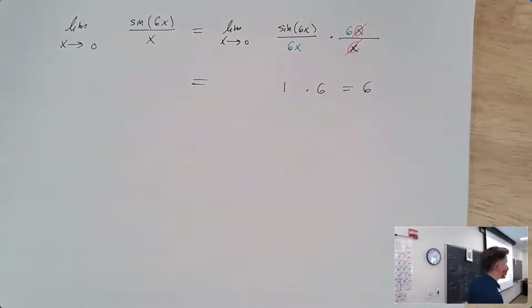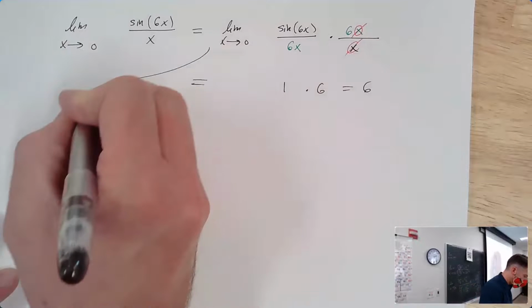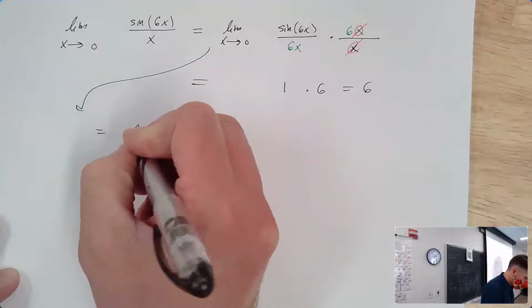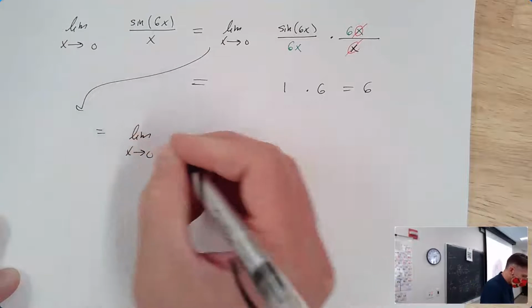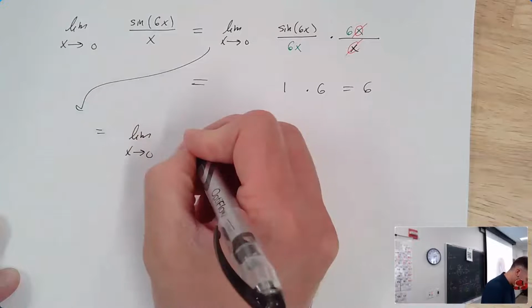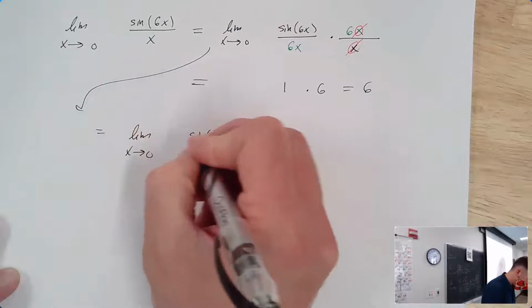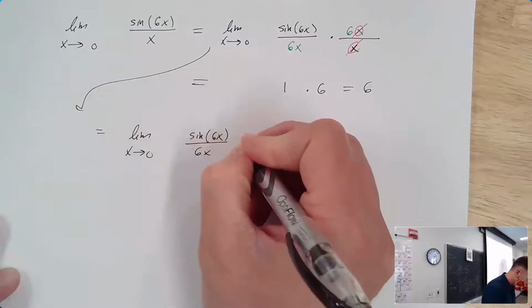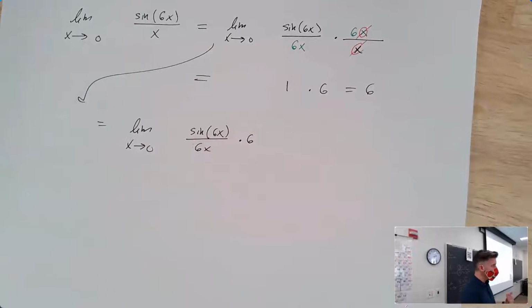But I will point out, here's what someone else, maybe your teacher, might want you to do instead. Another option, we say, okay, this is equal to the limit as x goes to 0 of sine of 6x divided by 6x times 6. And then there is a rule for limits.